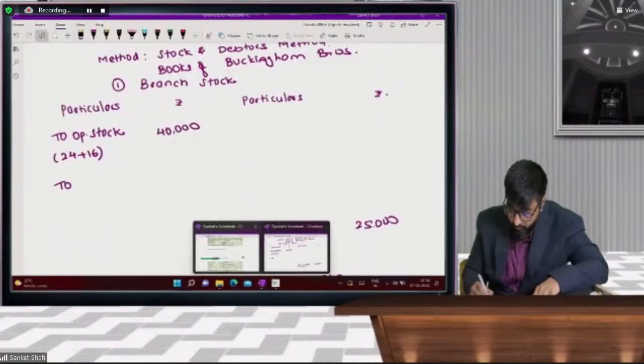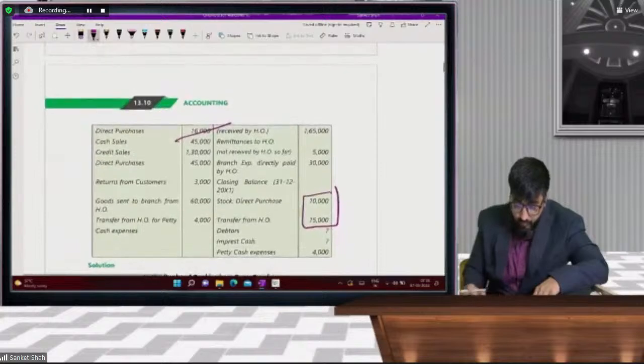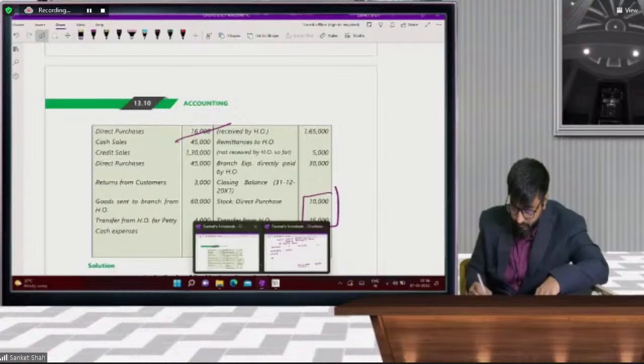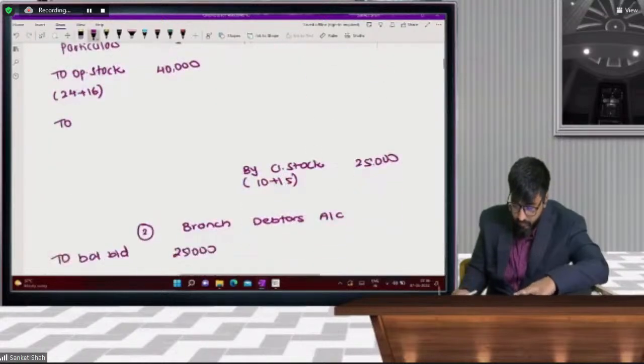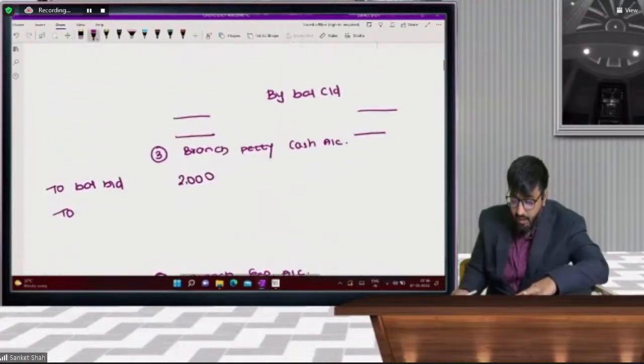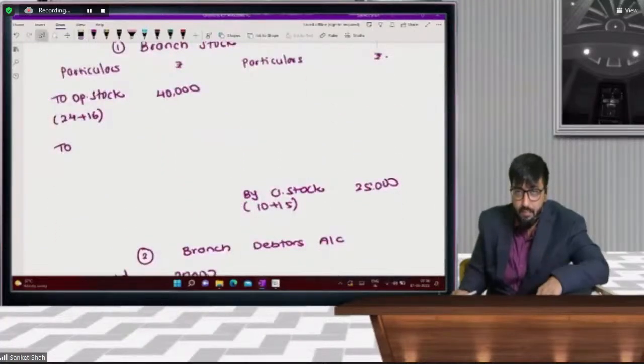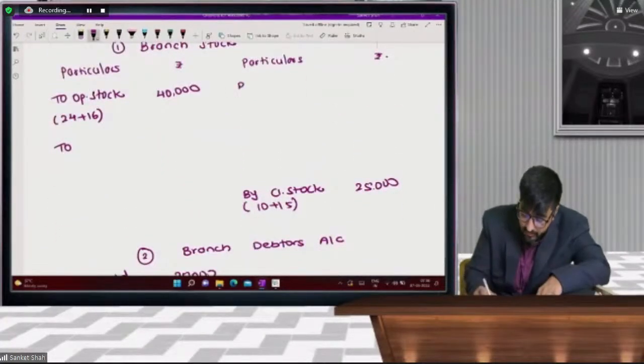Chalo. Now one by one. Cash sales. Cash sales. Cash account debit to sales account. Now cash account is not open. So by sales. Now prepare a pro forma.